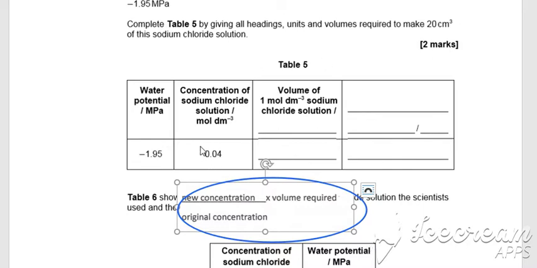So we know what our new concentration is. That should be 0.04. The original concentration of the solution is given in our table as 1. So it would be 0.04 divided by 1 times the volume required, which is the 20 centimetre cubed. And this should give us our overall answer.